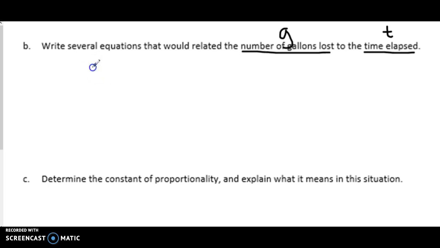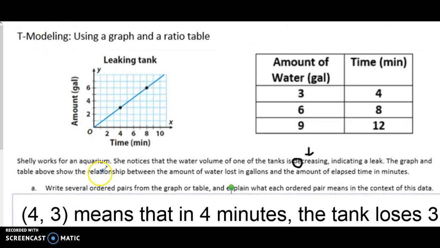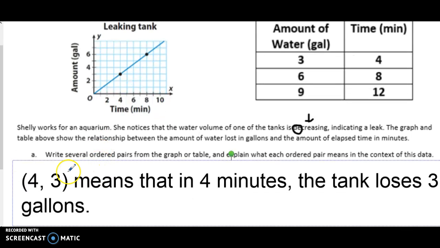So I'm going to start with that, my G, what is on my y-axis. And I know that my G is going to equal my change. If I look at in 4 minutes, the tank loses 3 gallons.